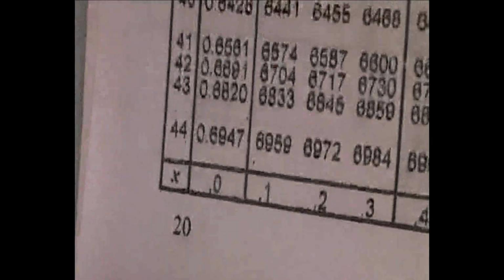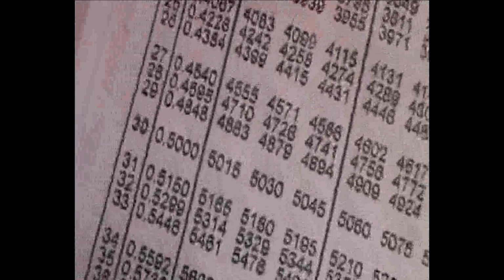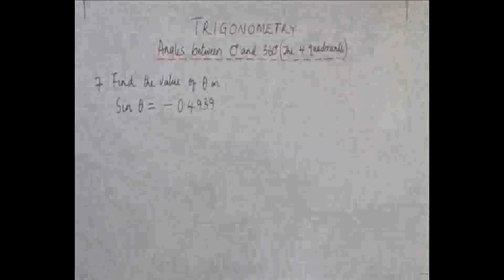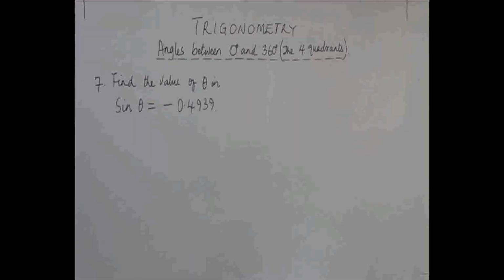This is the four-figure table, page 20/21. On top of it, you see sines of angles x in degrees. We are looking for 0.4939.